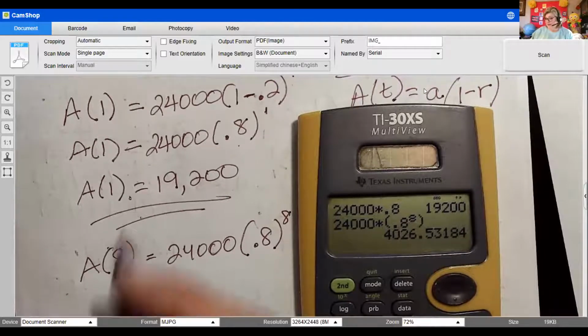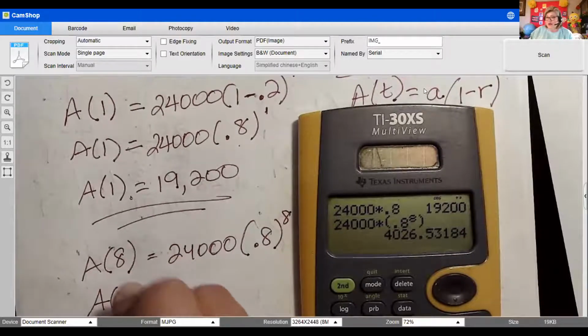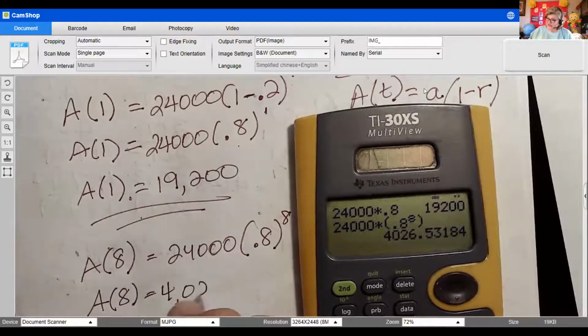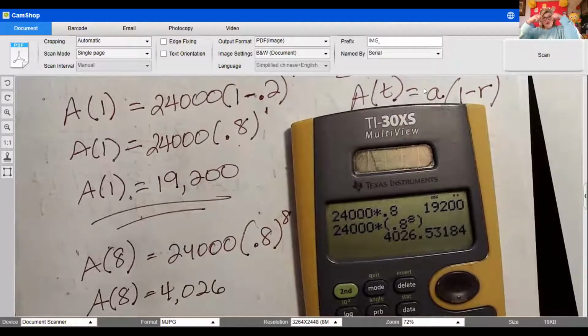Why? Bernice, according to this model, is only worth $4,026. Why, right? But she's worth a whole lot more in my heart.